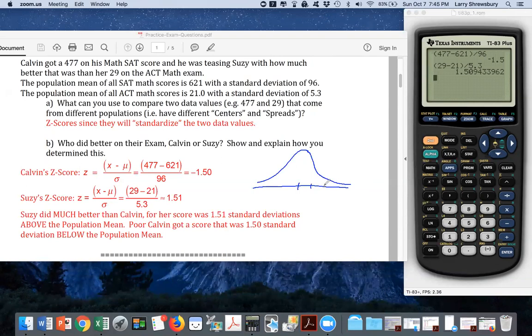So that means when you go 1, 2, 3 standard deviations above and 1, 2, 3 standard deviations below, you pretty much contain the entire normal population.